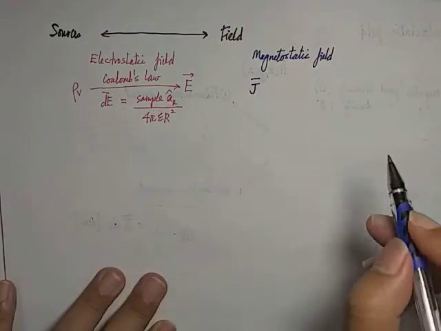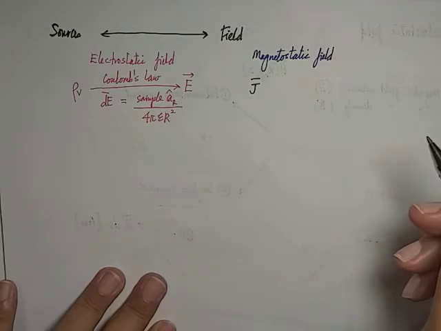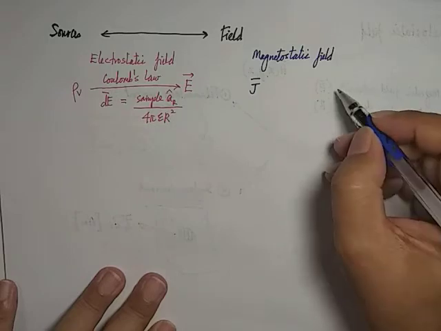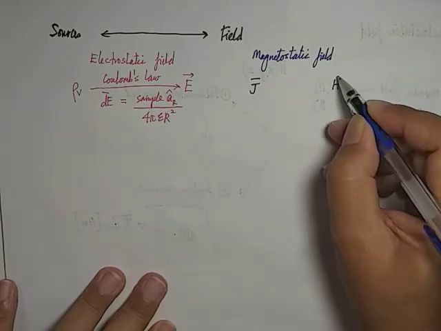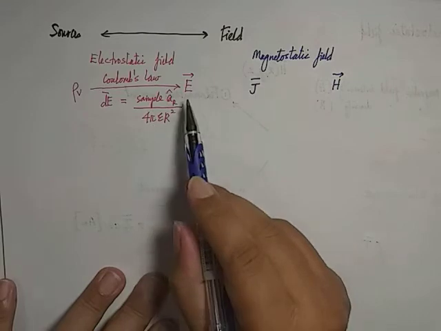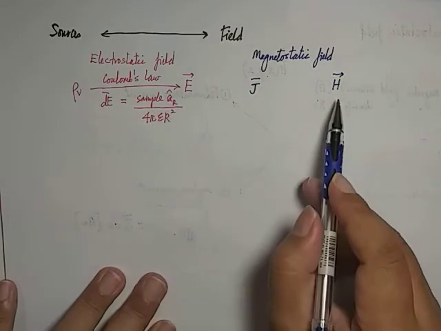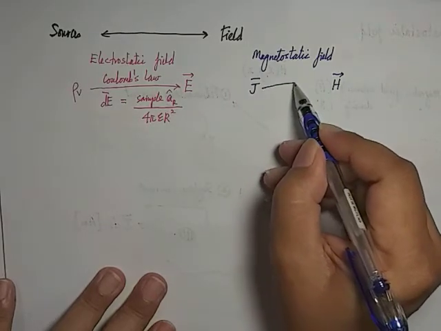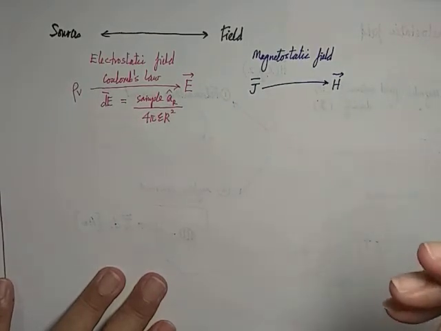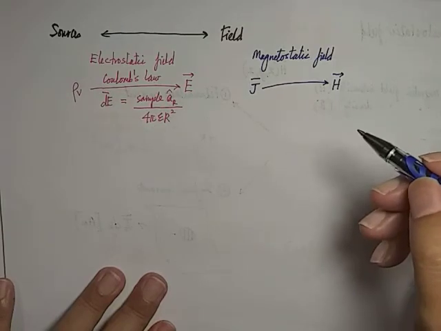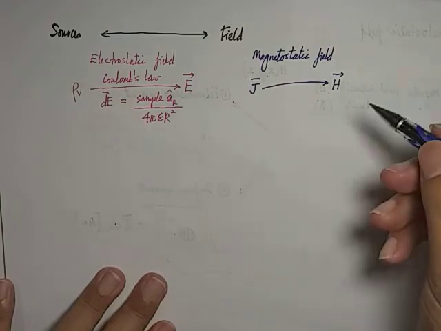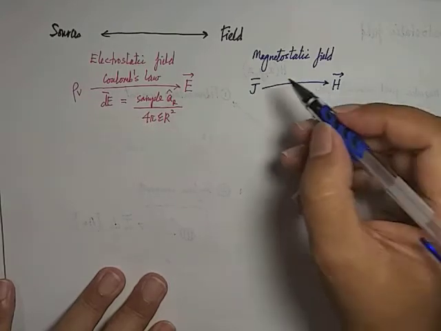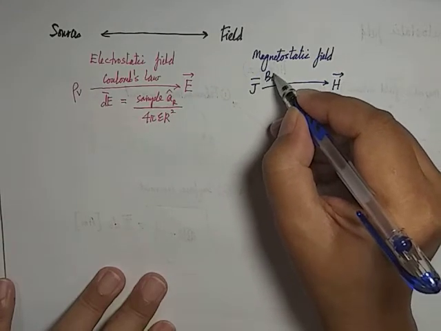And the field for magnetostatic, similar to electric field intensity E, will be H, magnetic field intensity. Now we're going to link these parameters together, and the law that we're going to use here to determine the magnetic field from the source is going to be the Biot-Savart law.